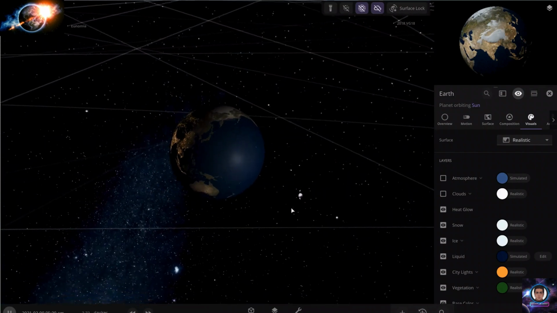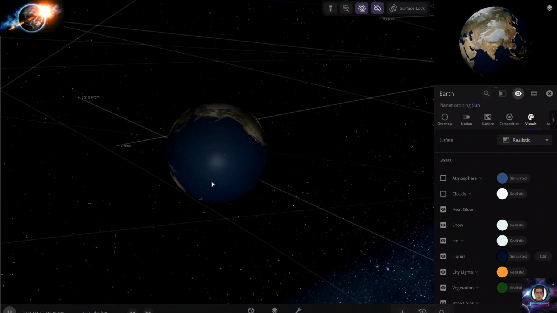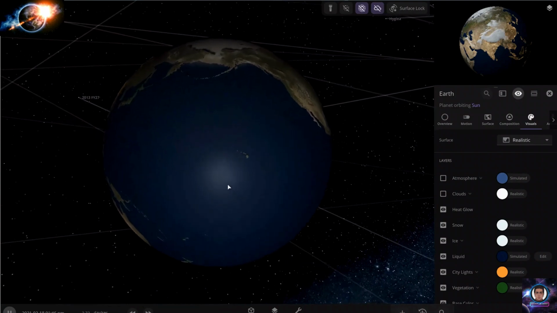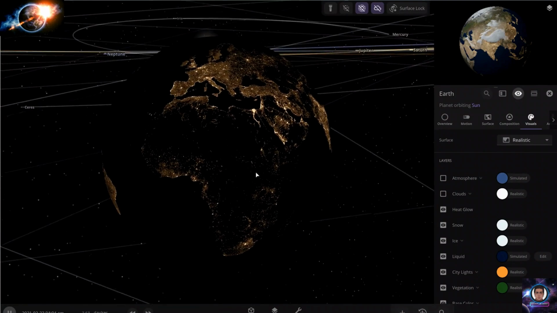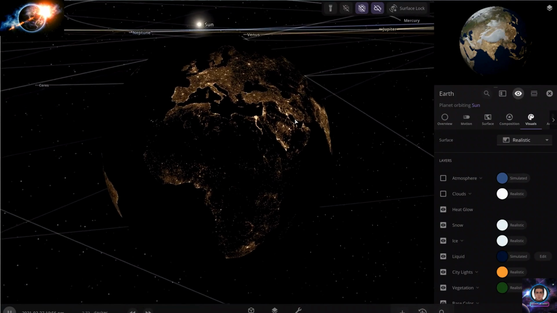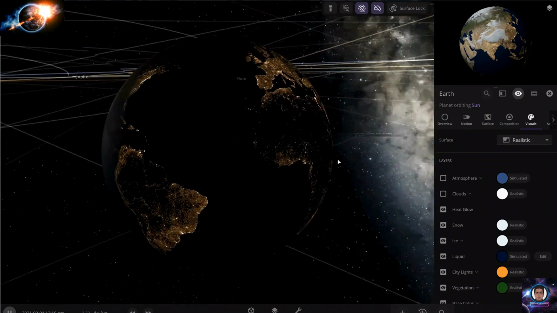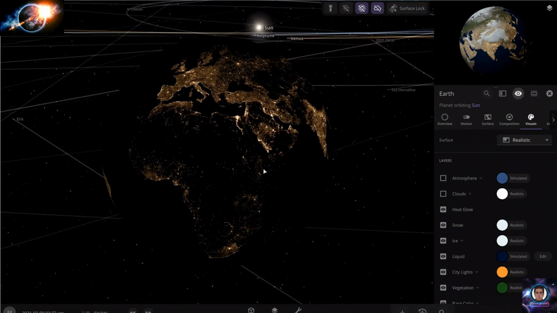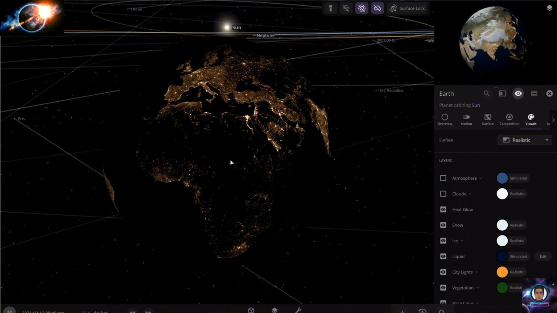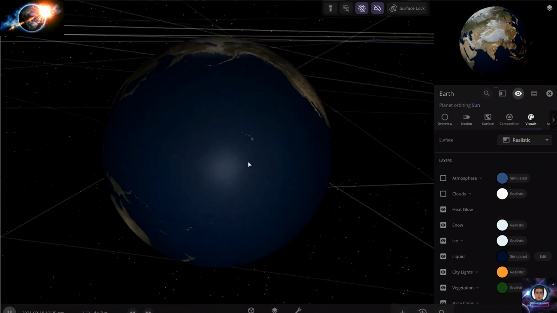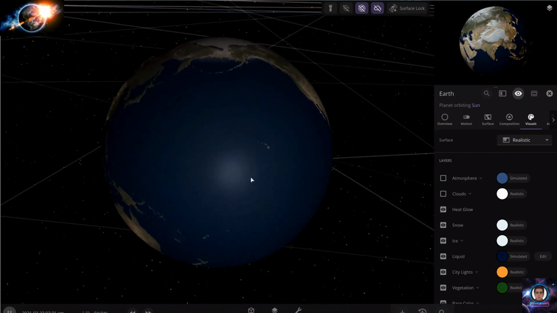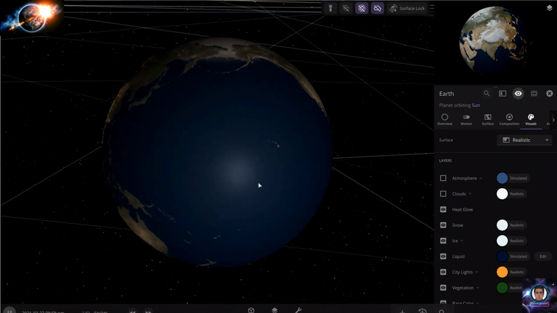So as you can see, this part of the Earth is always toward the sun, and the other parts, which are Africa and Europe and most of the population of the world right now, by random, are in night forever. And this part, which is the ocean, always faces the sun.